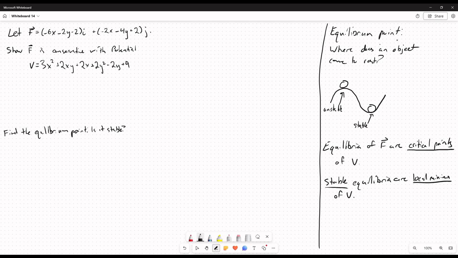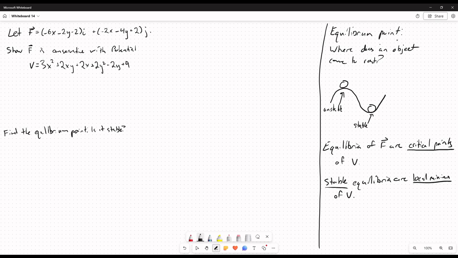Well, that's where F is going to equal 0 because F is the negative gradient. And the stable equilibrium points are going to be the local minimums of V. If you think of this as our potential function, it makes sense that it would be the minimums because anywhere else you go, you're at a higher potential.